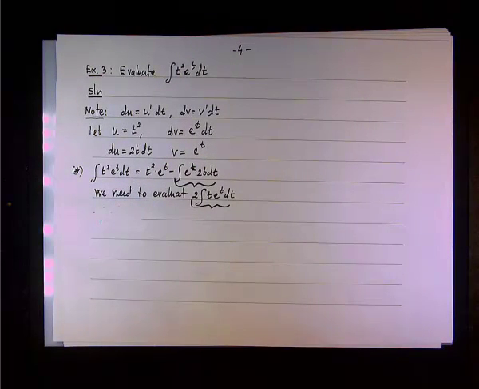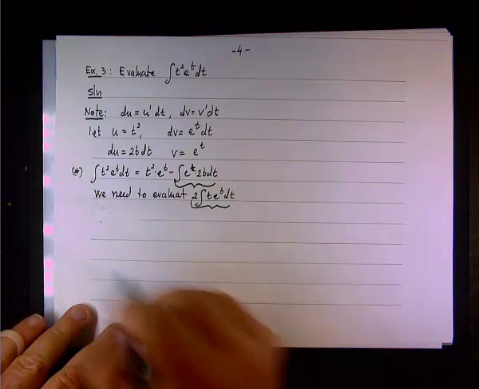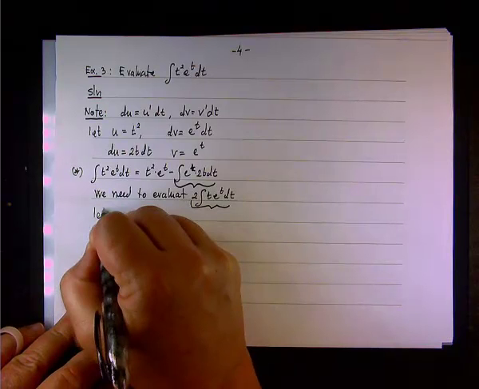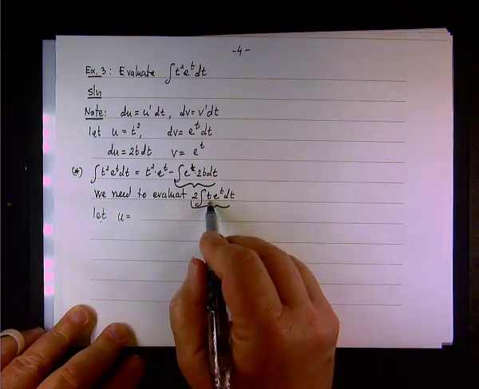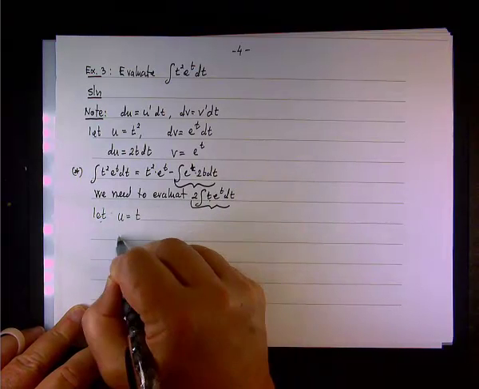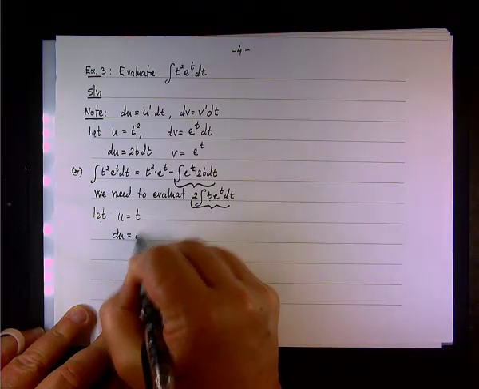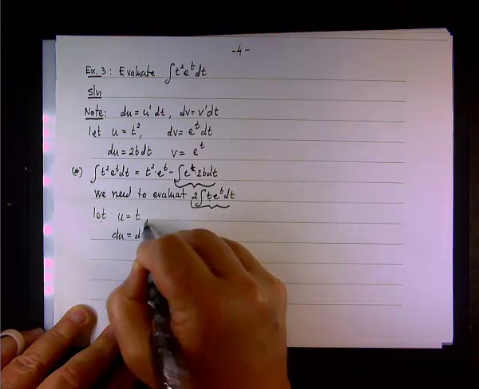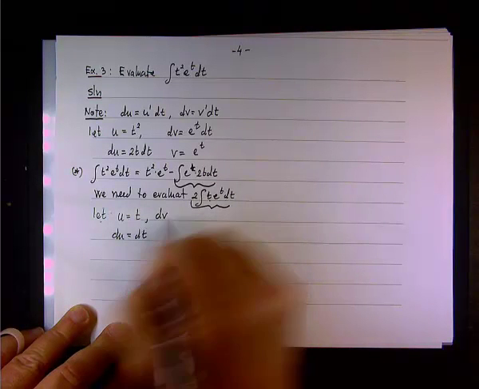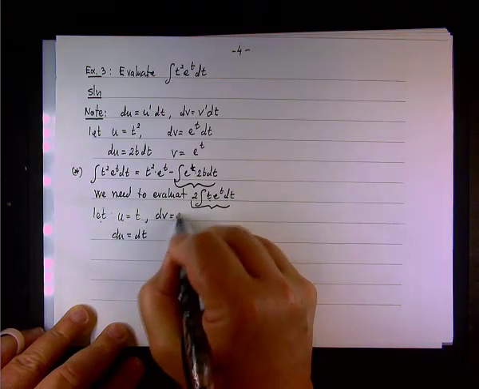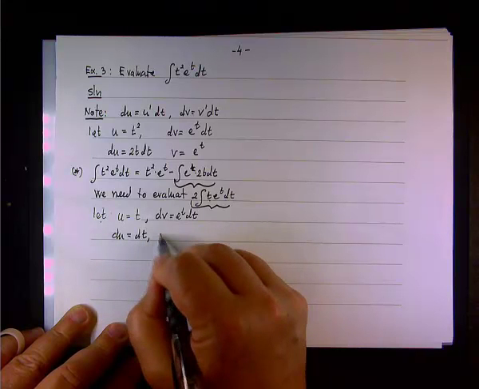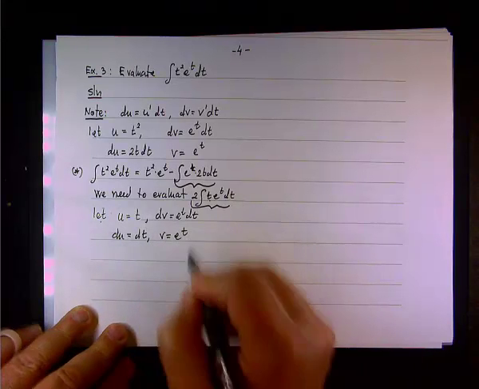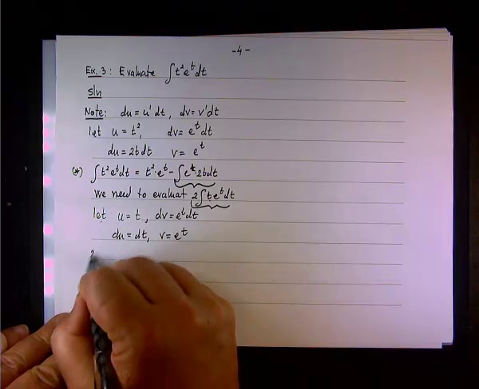Are we going to repeat the choice that we made before? We're going to let dv still be e to the t dt? To answer my own question, yes, it was comfortable. Plus, if I choose u as t, then du will be simply dt, which is a desirable result. So we'll choose u equals t and dv equals e to the t dt, and therefore du equals dt and v equals e to the t.